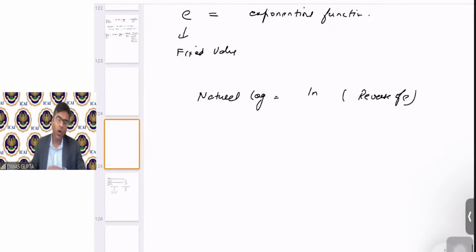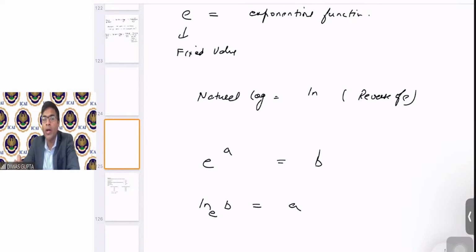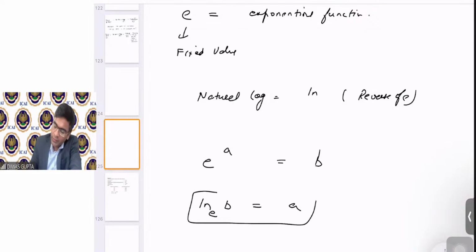How? See, always remember this relationship, students. If e raised to the power a is equal to b, then natural log of b will be a. And here the base is e. So wherever the base of log is e, it is called a natural log, and it is the reverse of this.